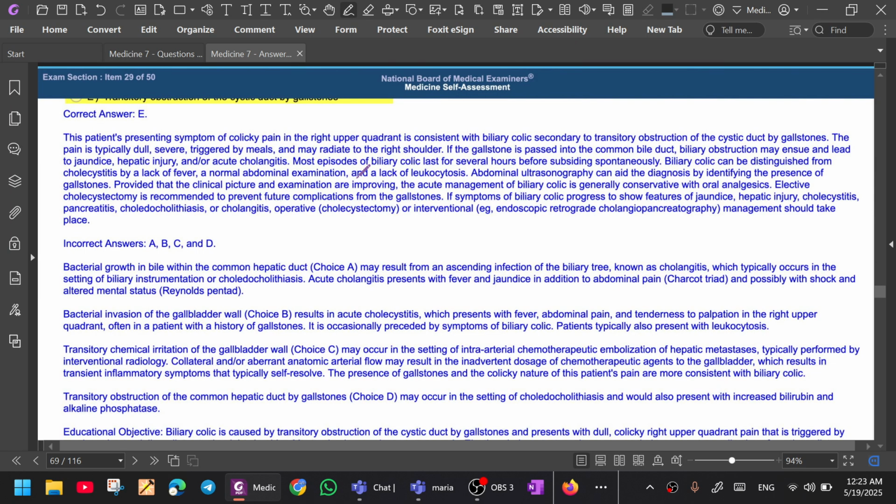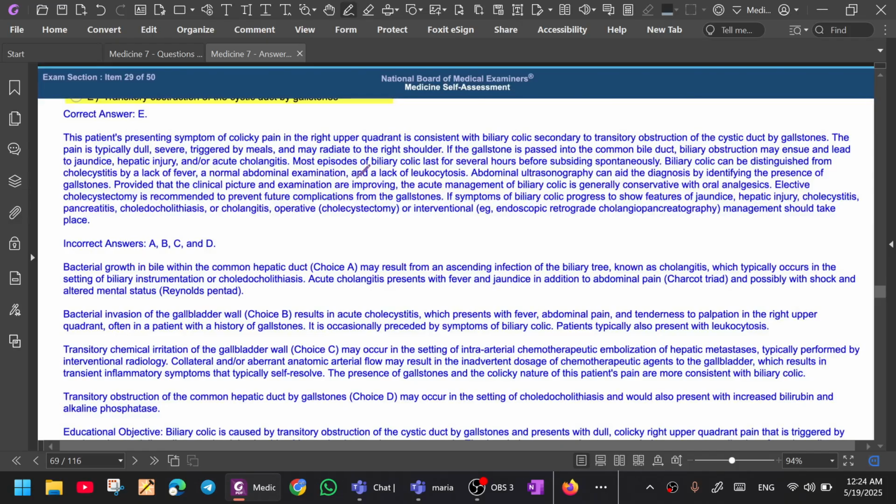Collateral or aberrant anatomic flow may result in inadvertent dosing of the gallbladder with the chemotherapeutic agents, which results in transient inflammatory symptoms that typically self-resolve. The presence of gallstone and the colicky nature of the patient's pain are more consistent with biliary colic. I've never heard of that transitory chemical thing.